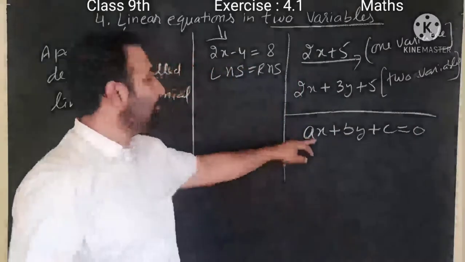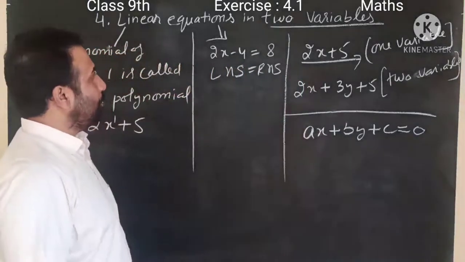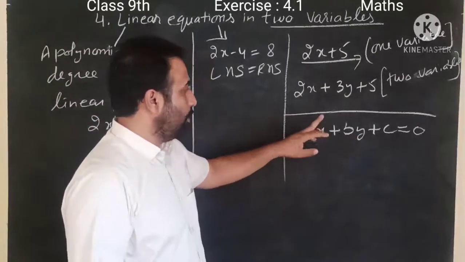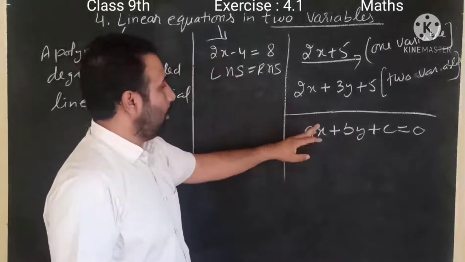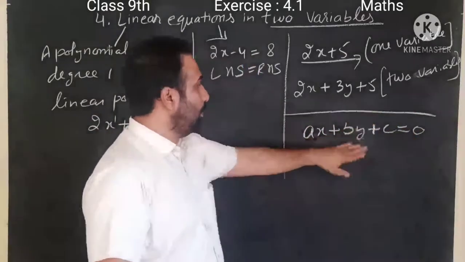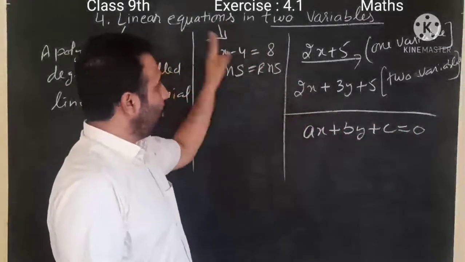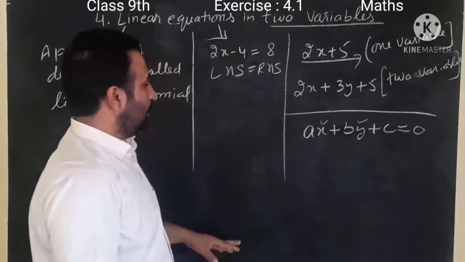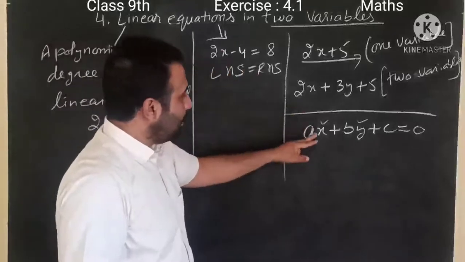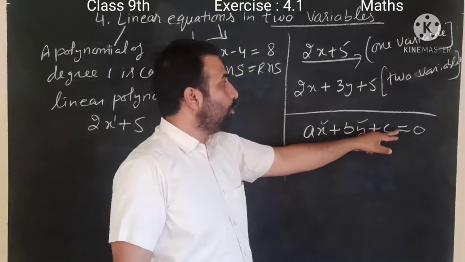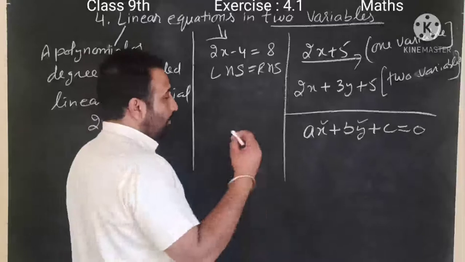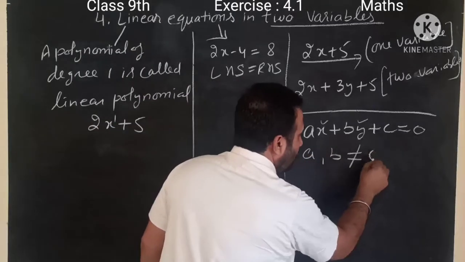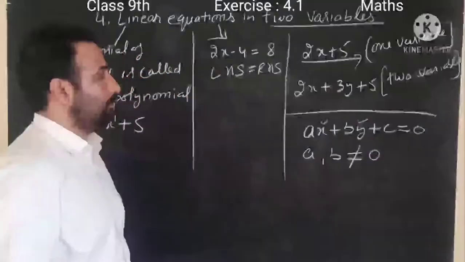That is the general form of a linear equation in two variables, because the highest power is 1, so that is linear, and equal to 0 makes it an equation. There are two variables x and y, so we call it a linear equation in two variables. But a and b should not be equal to 0.